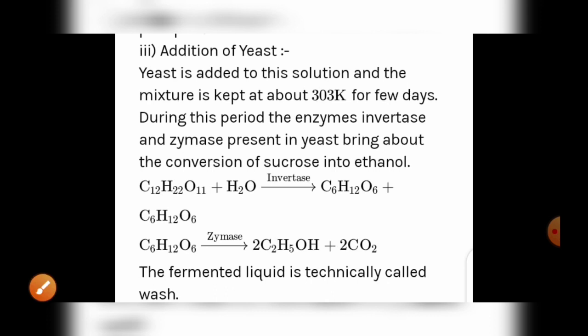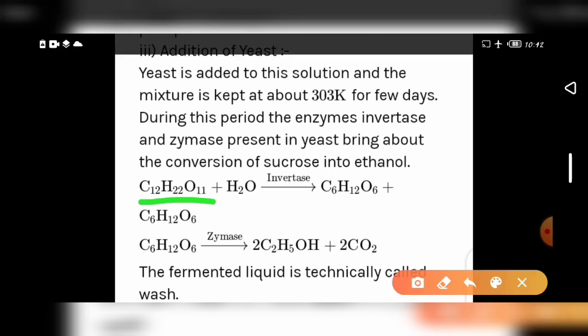Okay, first see here, you know very well, C12H22O11 plus water, that is dilution with water. First step, the two enzymes presented in yeast are invertase and zymase. First step, the invertase is involved, and it is converted into glucose and fructose, C6H12O6 plus C6H12O6.